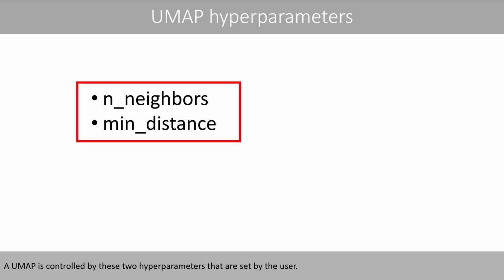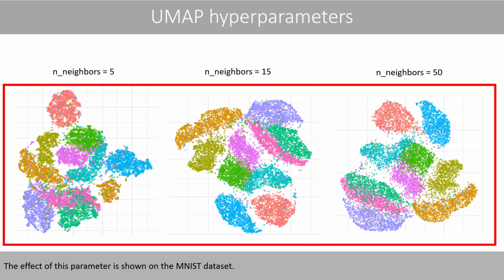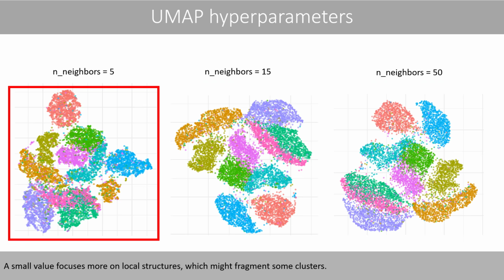A UMAP is controlled by these two hyperparameters that are set by the user. The parameter nNeighbors can be seen as the number of neighbors each data point selects for its local neighborhood in the high-dimensional space. The effect of this parameter is shown on the MNIST dataset. A small value focuses more on local structures, which might fragment some clusters.